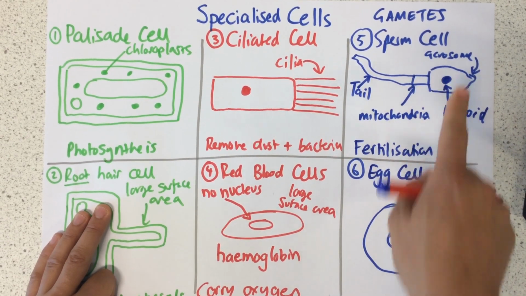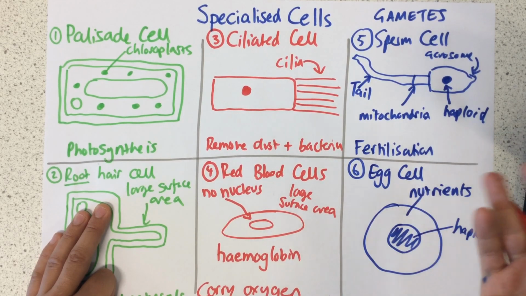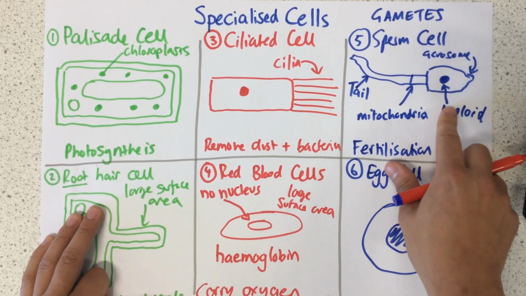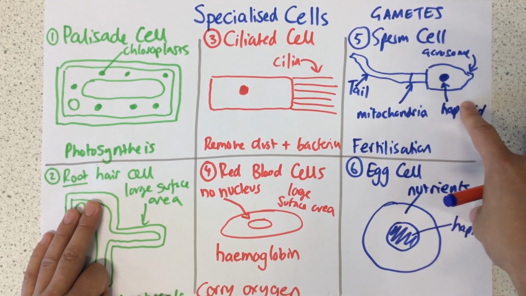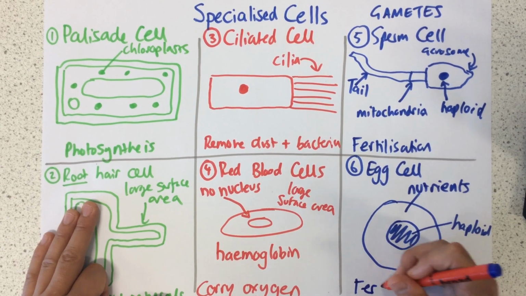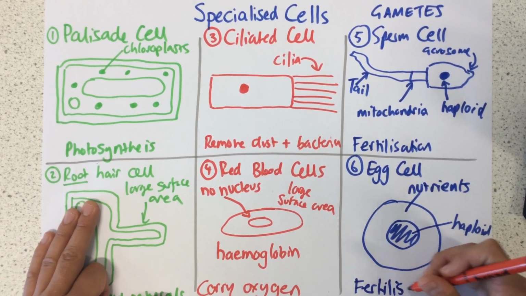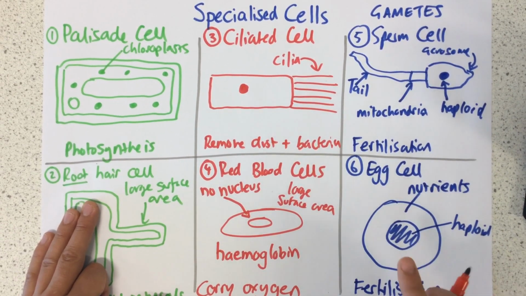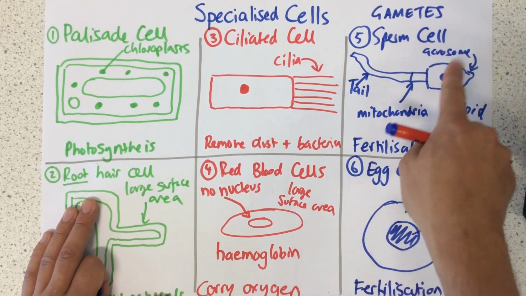Because when the sperm cell and the egg cell combine, that's called fertilization. We have the DNA joining, the chromosomes joining. They go from the half amount of chromosomes to the full amount, so haploid to diploid. So again, our egg cell is involved in fertilization. Just one final thing, these aren't drawn to scale.